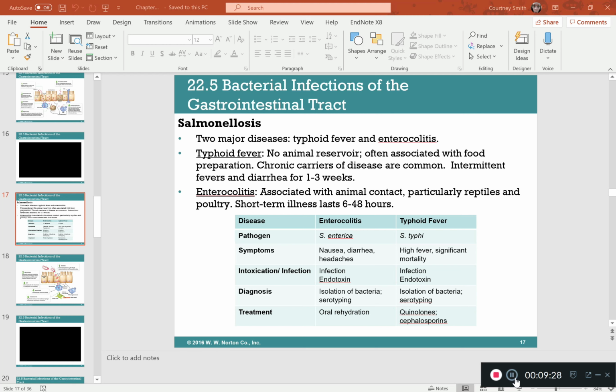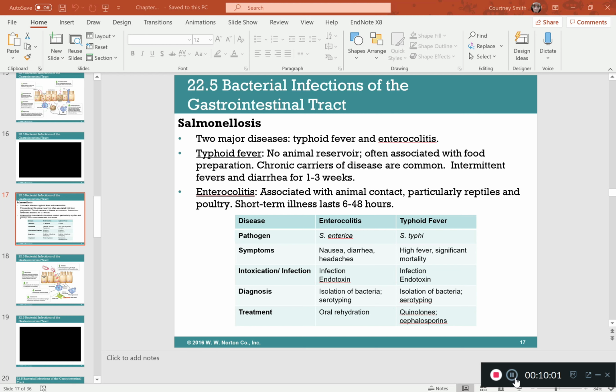Whereas another clinical presentation of salmonella infection is enterocolitis. This is associated with animal contact, specifically with reptiles and poultry. It is a short-term illness, so it only lasts for about 2 days or so. As compared to typhoid fever, enterocolitis is self-limiting, meaning that you just do supportive care, like rehydration, small quantities of food, and then you let it pass.